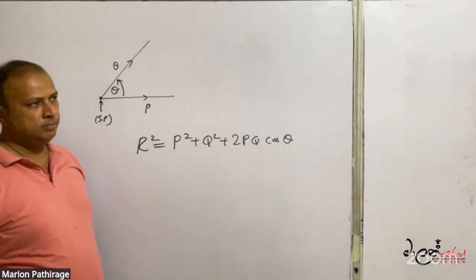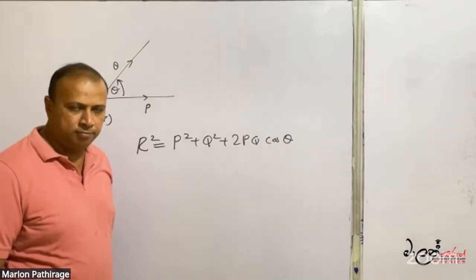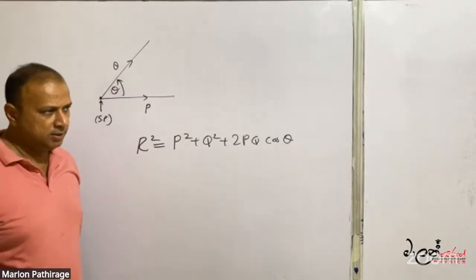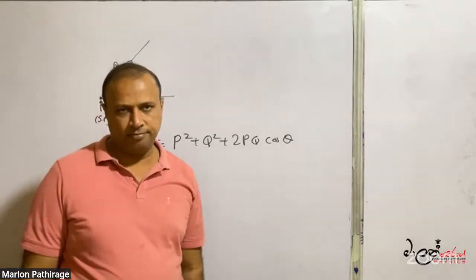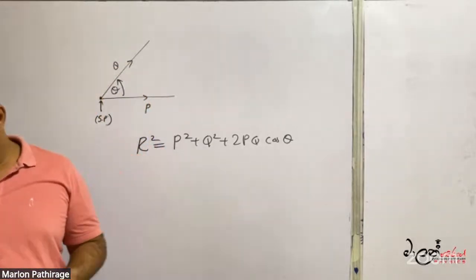Then the angle between two vectors will be equal to theta.